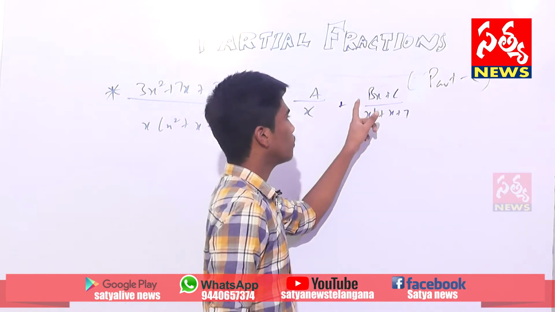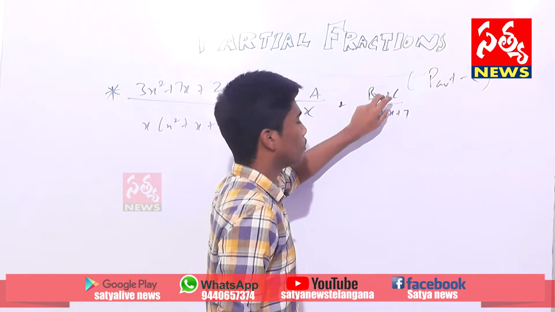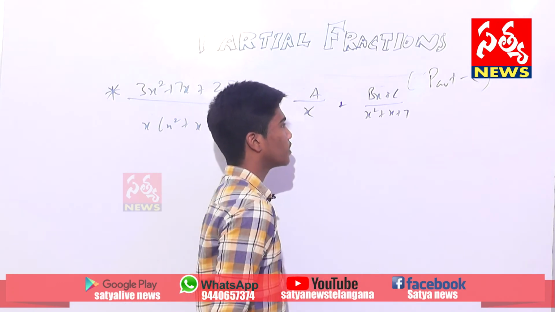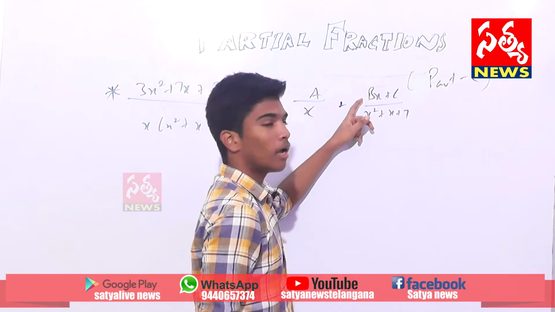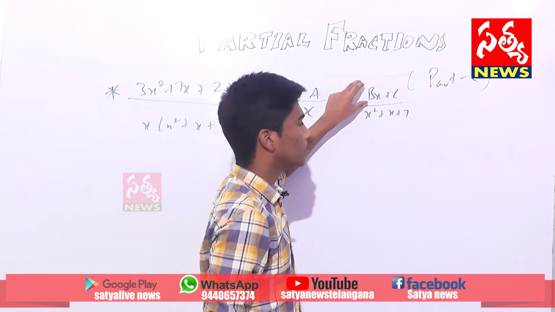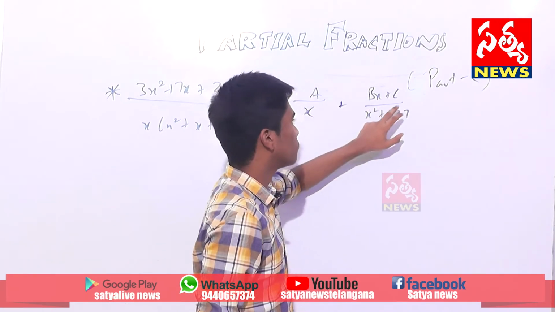This is the condition we have to keep in mind: for x square plus x plus 7, or any quadratic in the denominator, we have to put a linear numerator Bx plus C.